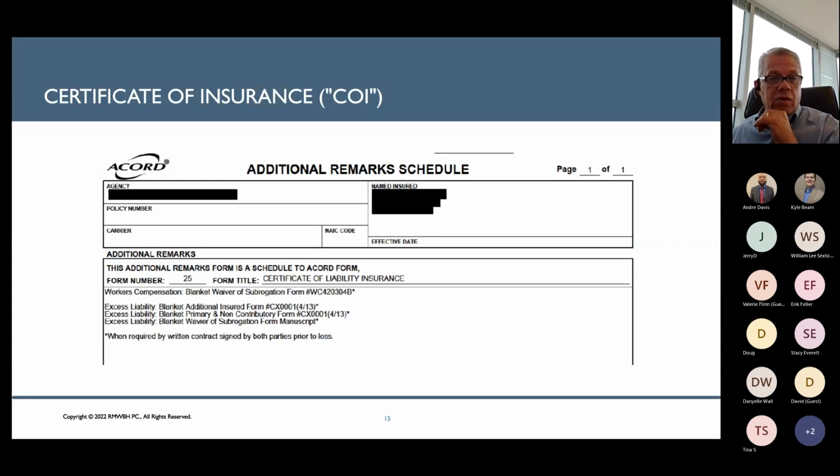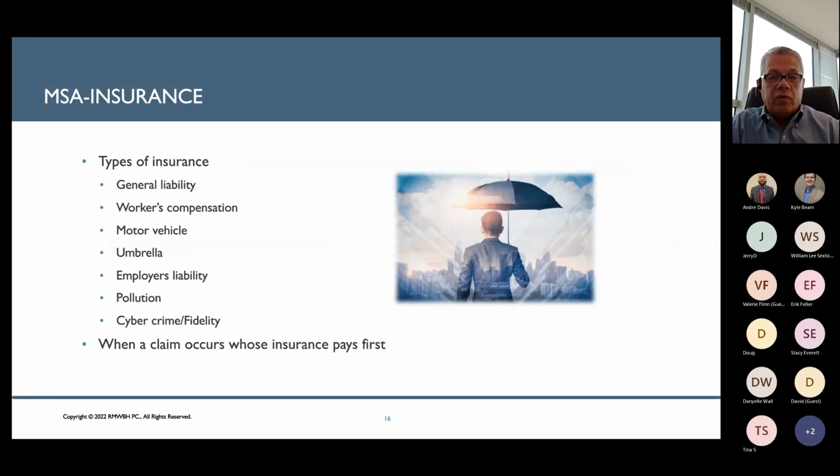And if you see here on the bottom of this form, a couple lines above the very last line, it says blanket primary and non-contributory form. So again, you want that language there. A lot of times the way that I write it is, on the certificate of insurance, I ask them to include a sentence: this insurance is primary to the association's insurance, and the association's insurance is non-contributory. So you want their insurance paying first.